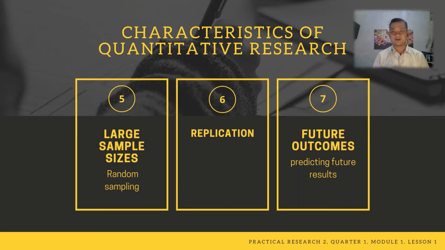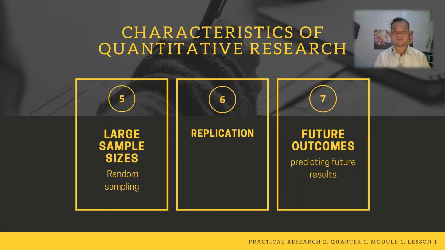The number five characteristic of quantitative research is that it uses large sample size, and such sample size is determined through random sampling. It also has the characteristic of replicability or replication, meaning to copy or to duplicate. To contextualize that, for example, we have a foreign study that you would like to adopt in our setting, and that's totally fine.